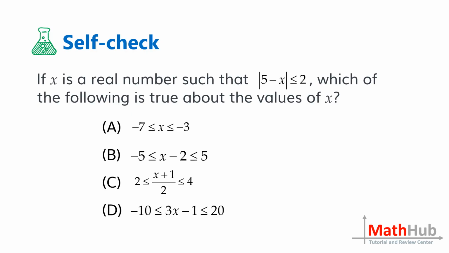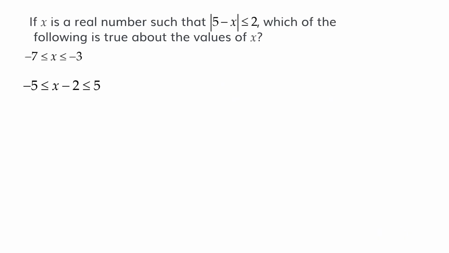Next, if x is a real number such that the absolute value of 5 minus x is less than or equal to 2, which of the following is true about the values of x? In order to answer this question, we have to simplify first the absolute value of 5 minus x less than or equal to 2.